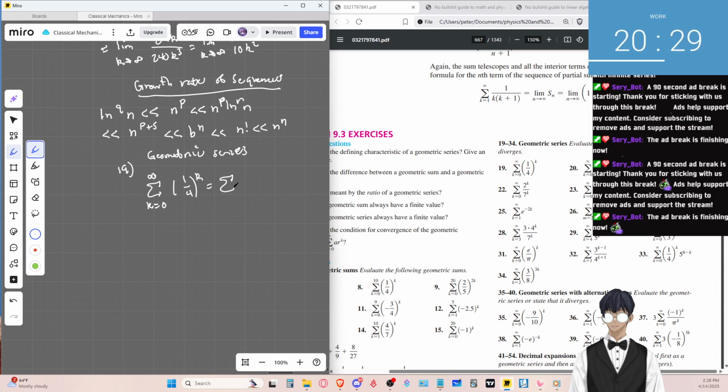In this case, it will end up being 1^k over 4^k. So 1^k is just going to be 1 when it goes to infinity. But then 4^k is going to infinity, which means it's getting closer to 0.